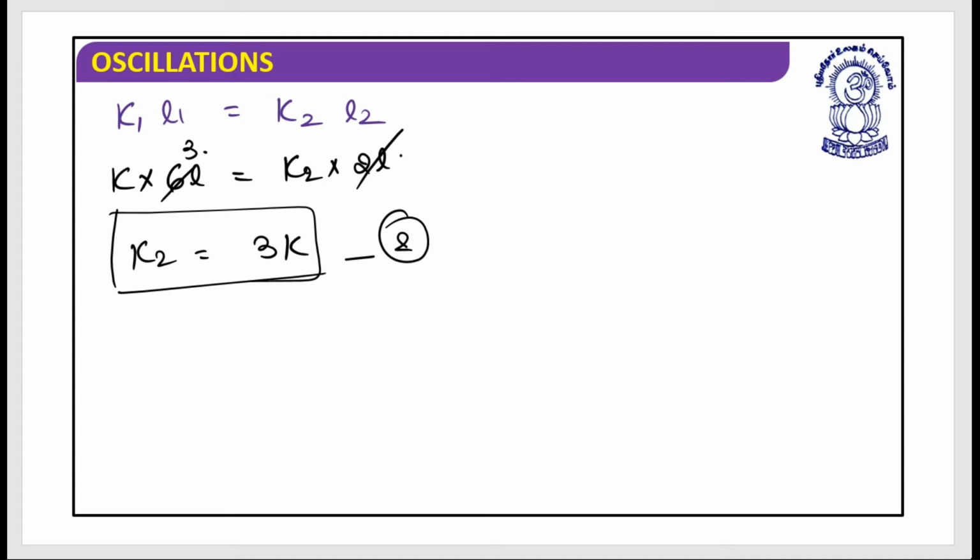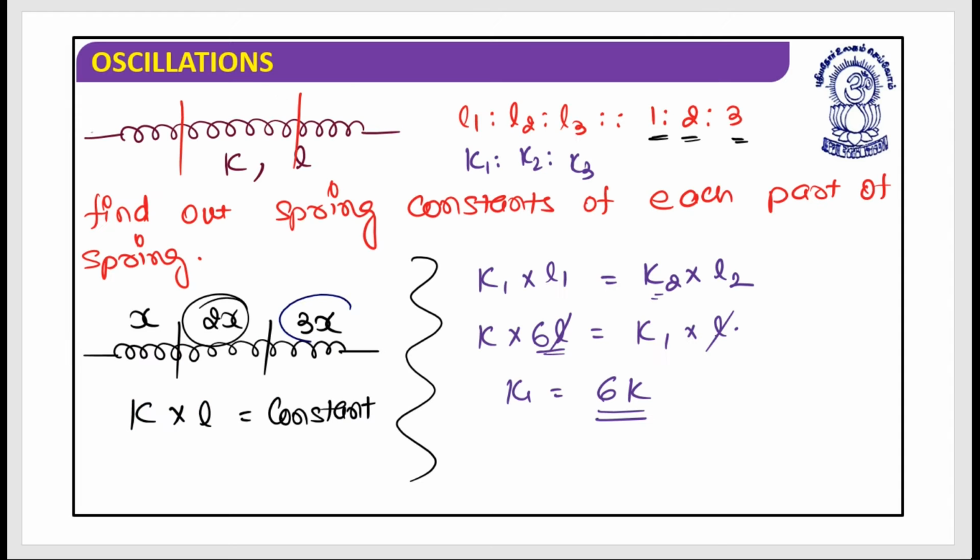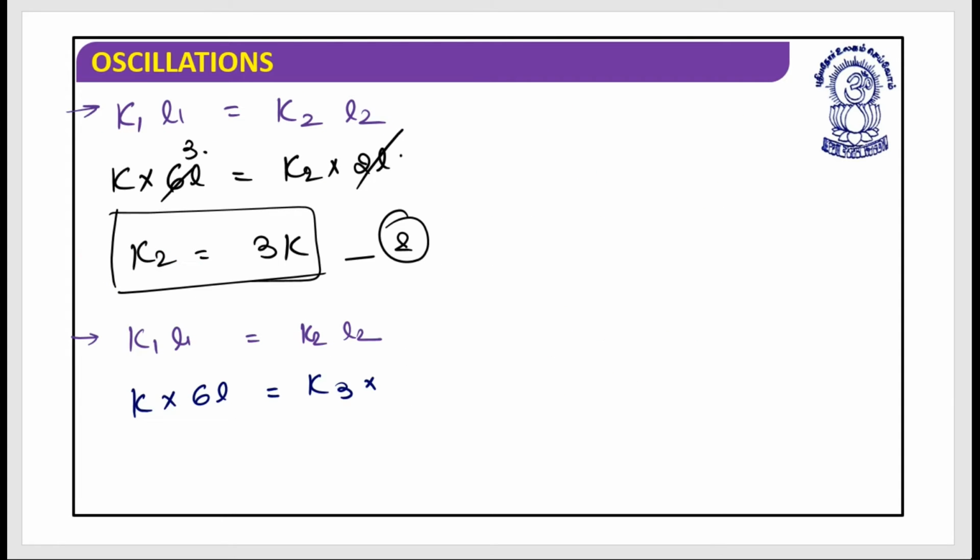And for the third part, again k1 L1 is equal to k2 L2. This is k multiplied by 6L, which is equal to K3 multiplied by the segment of length 3x, that is 3L.